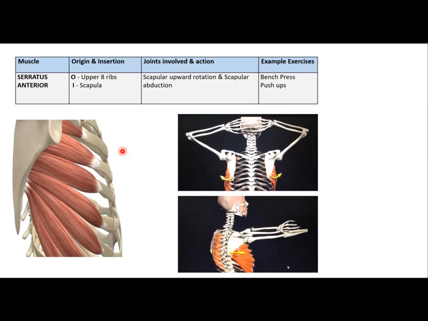But when you do the ab roller with a pronation like that, when you're protracting, you're actually involving your serratus a lot as well. That's why it depends how you do the exercise, you can recruit more or fewer muscles. Quite interesting, isn't it?